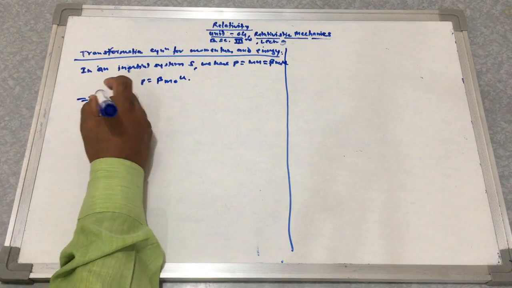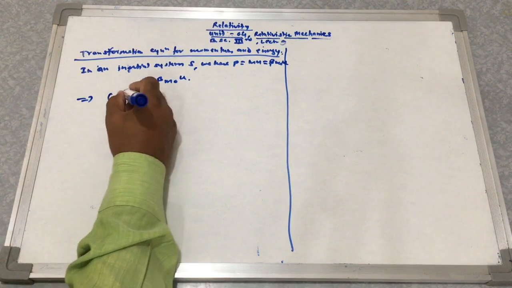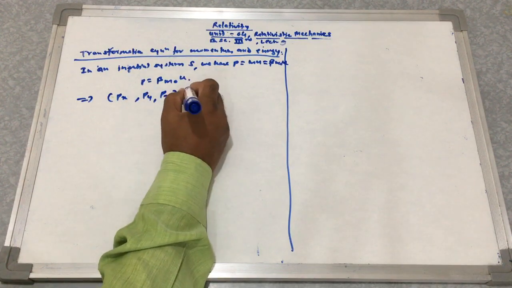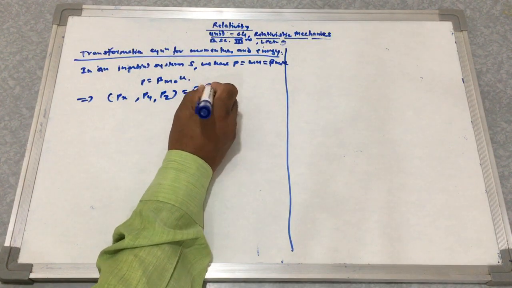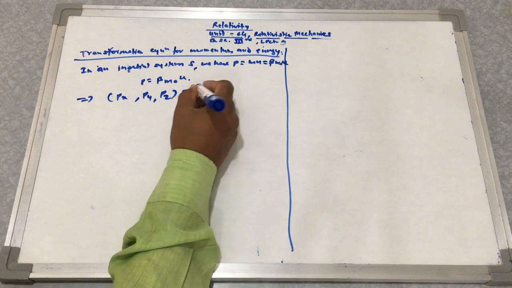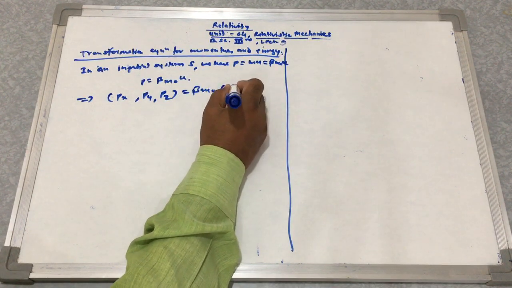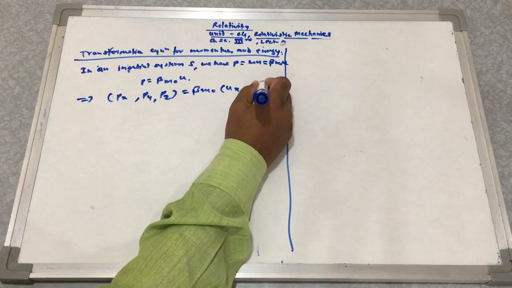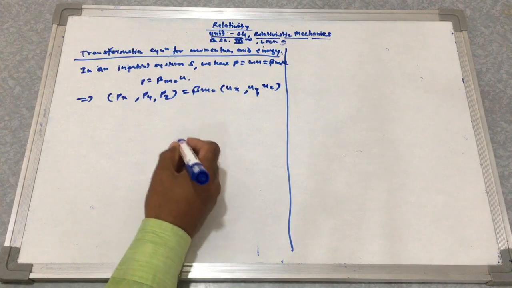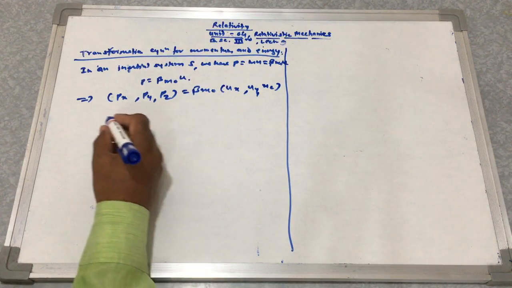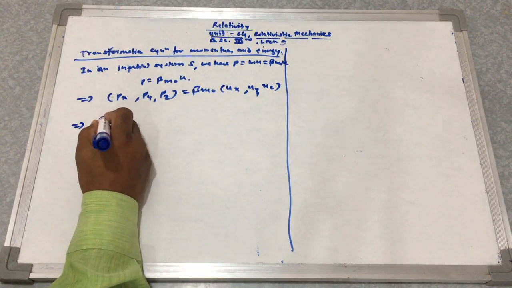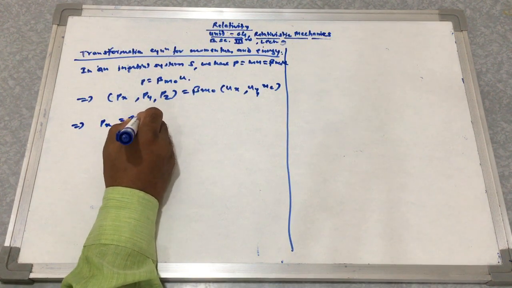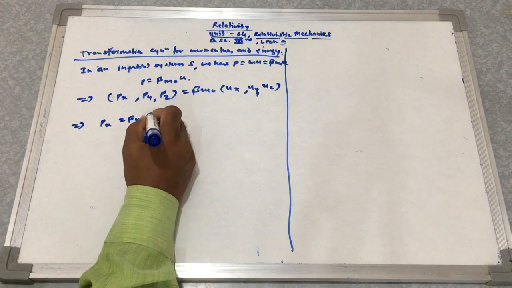So this is equal to P suffix x, P suffix y, P suffix z, that is equal to beta m0 times ux, uy and uz. That is nothing but P suffix x is equal to beta m0 u suffix x.